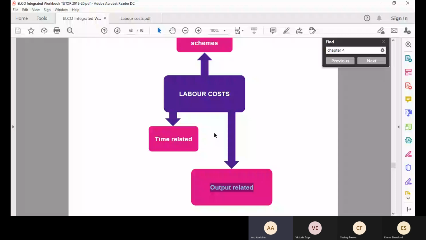Time-rate employees can be split into two types. For example, salaried employees have their pay agreed at a fixed amount for a period of time, regardless of the number of hours the employee works in the period.